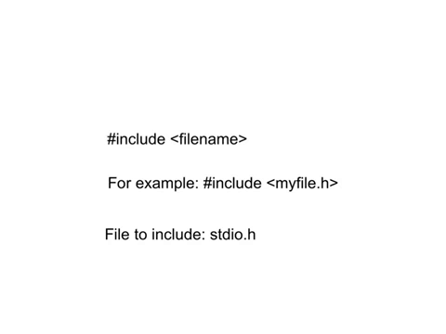So look at this page for a minute, and you should be able to see exactly what this line needs to look like in order to include the stdio.h file.